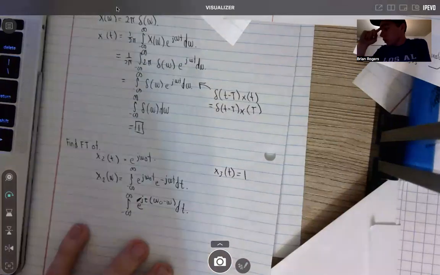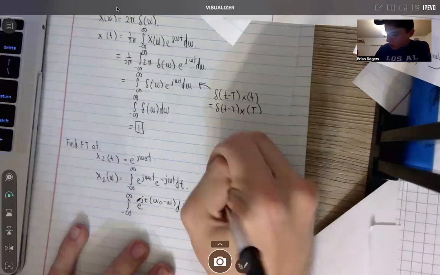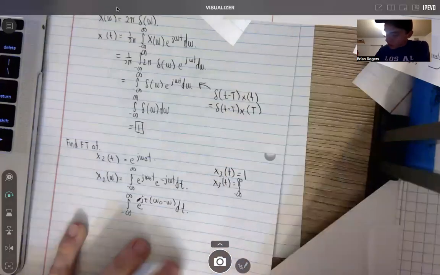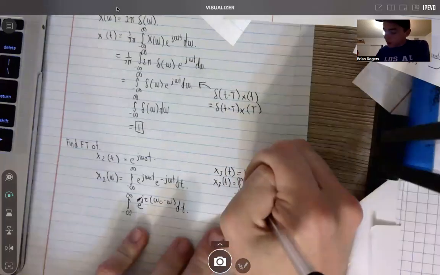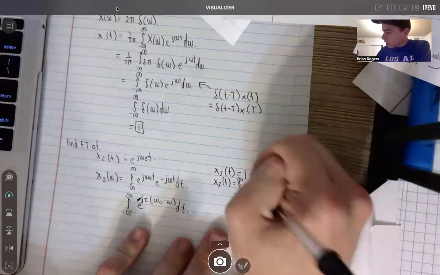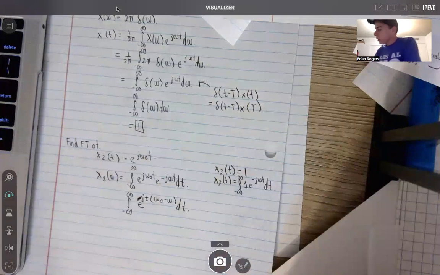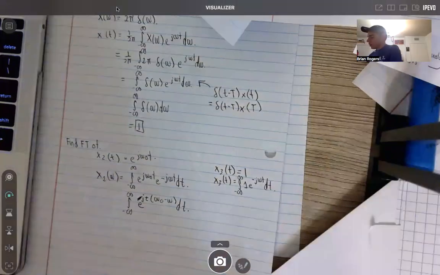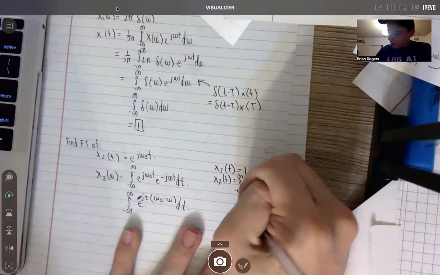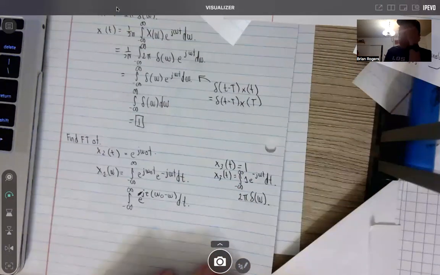What if we asked, what is the Fourier transform of this? We'd have X3 of omega equal to the integral from negative infinity to infinity of 1 times e to the negative j omega t dt, which we discovered when we did that was 2 pi delta omega.